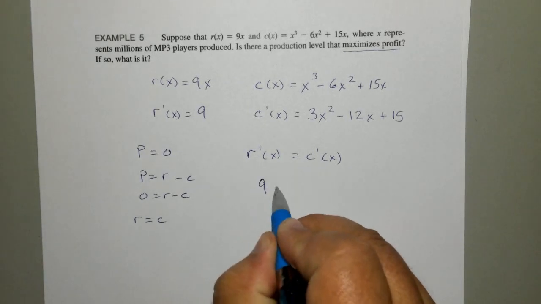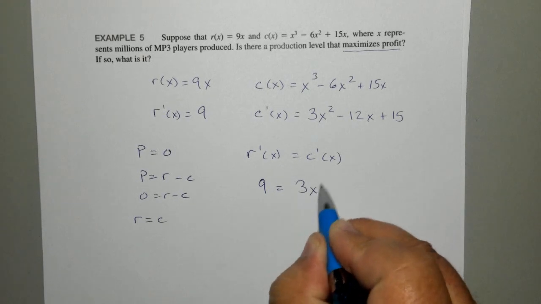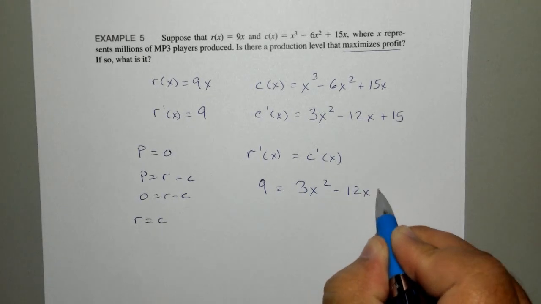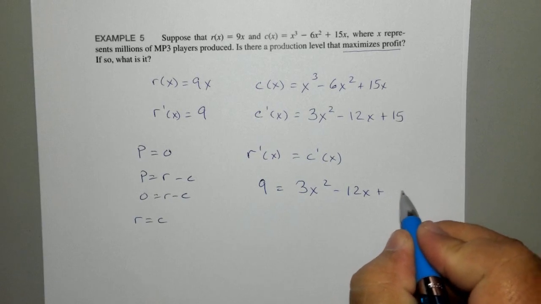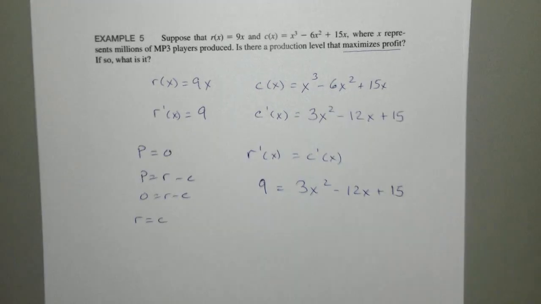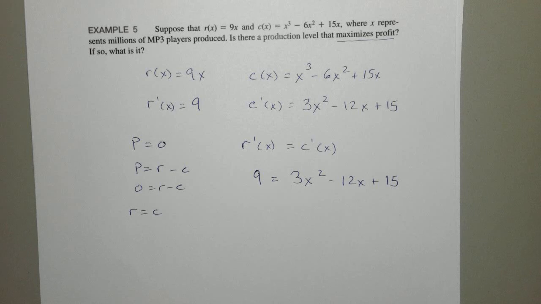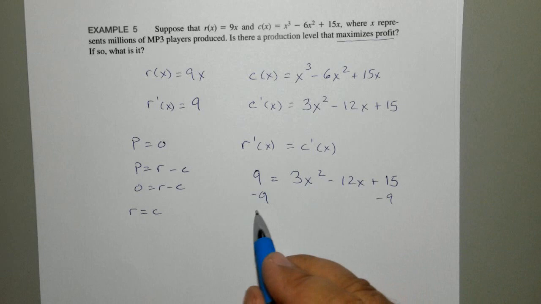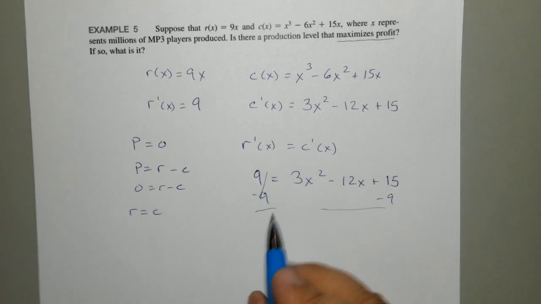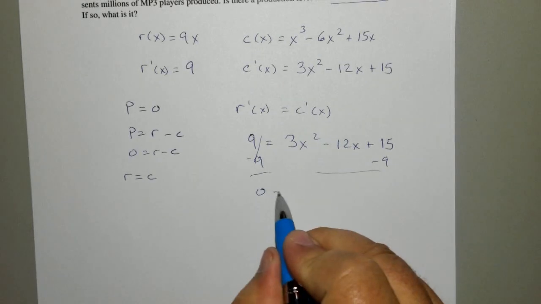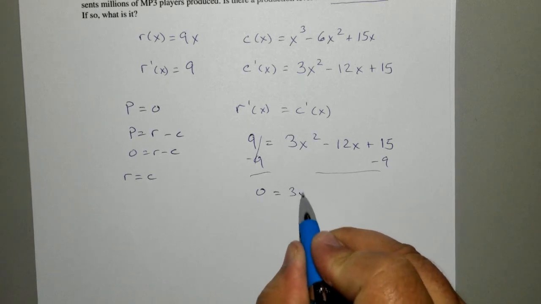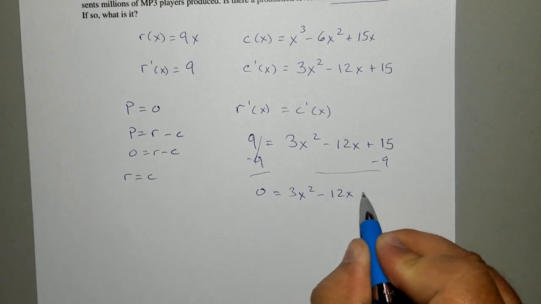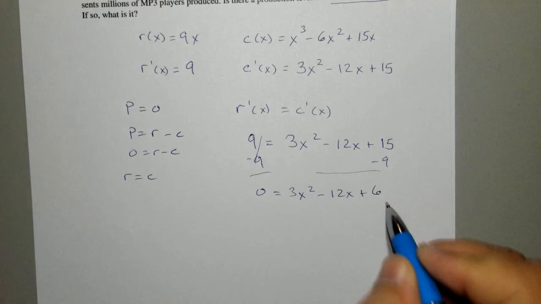So we have 9 equals 3x squared minus 12x plus 15. It's quadratic. Set it equal to 0, so subtract 9 from both sides. 3x squared minus 12x plus 6.